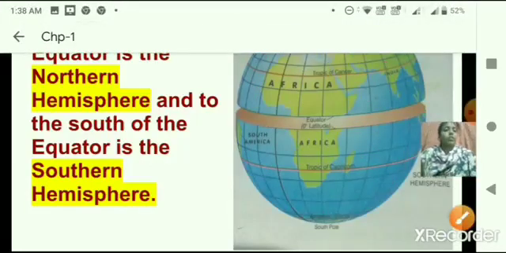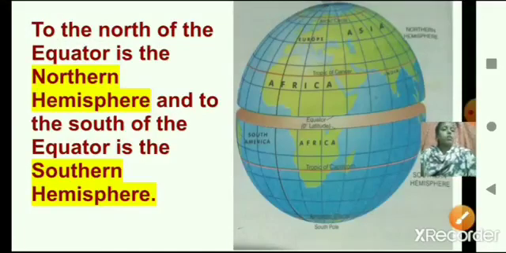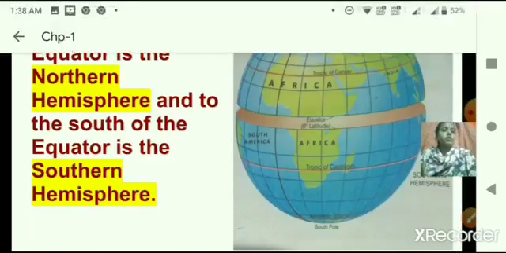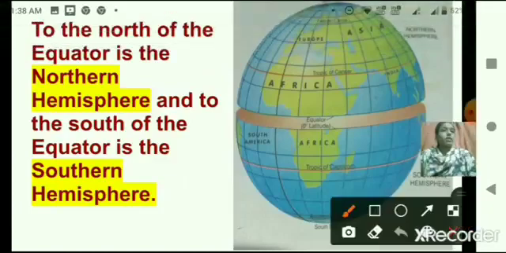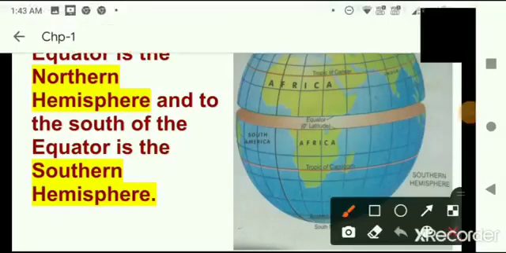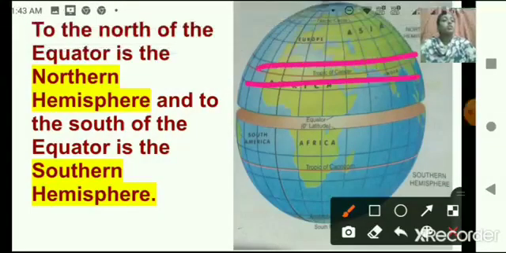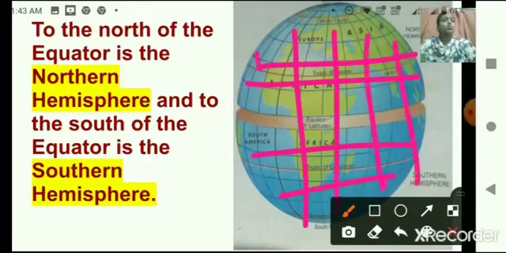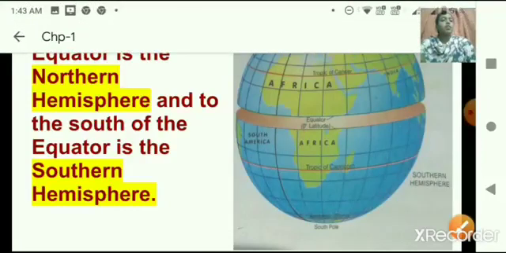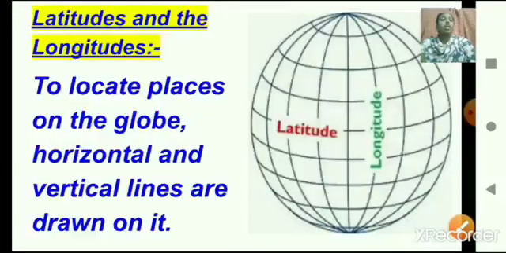Now apart from this, here we can see a few lines. Some are running horizontal, some are running vertical. So what kind of lines are these, children? Yes, very good. These are latitudes and longitudes.